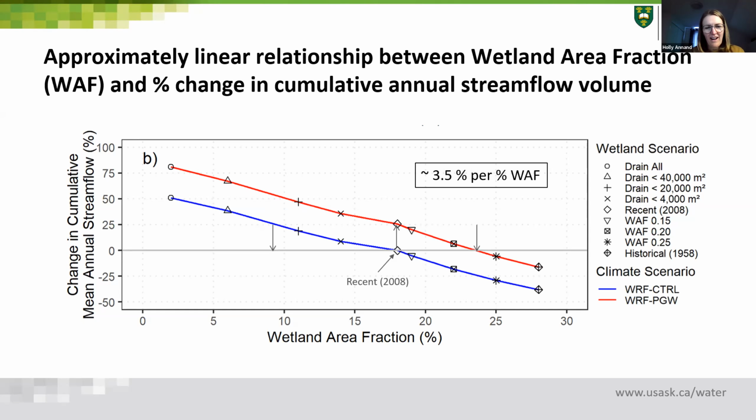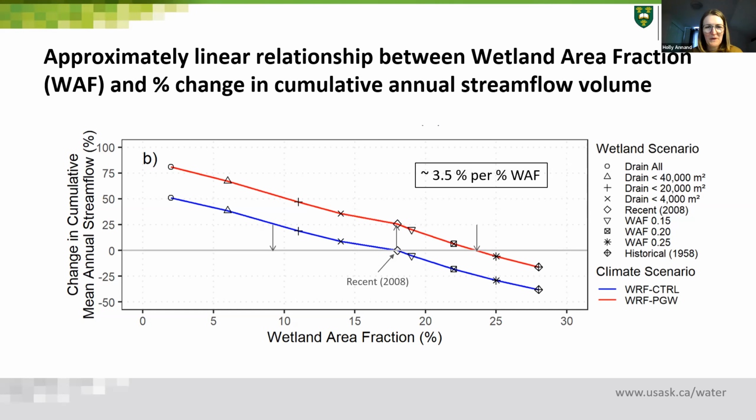And the important part of this graph, you'll see arrows pointing down to the zero axis here on the left and right. And the one on the right, where the red line crosses the zero, is the point at which wetland restoration is needed in the future climate period to restore streamflow into the current range that we're currently experiencing, that mean annual streamflow volume.